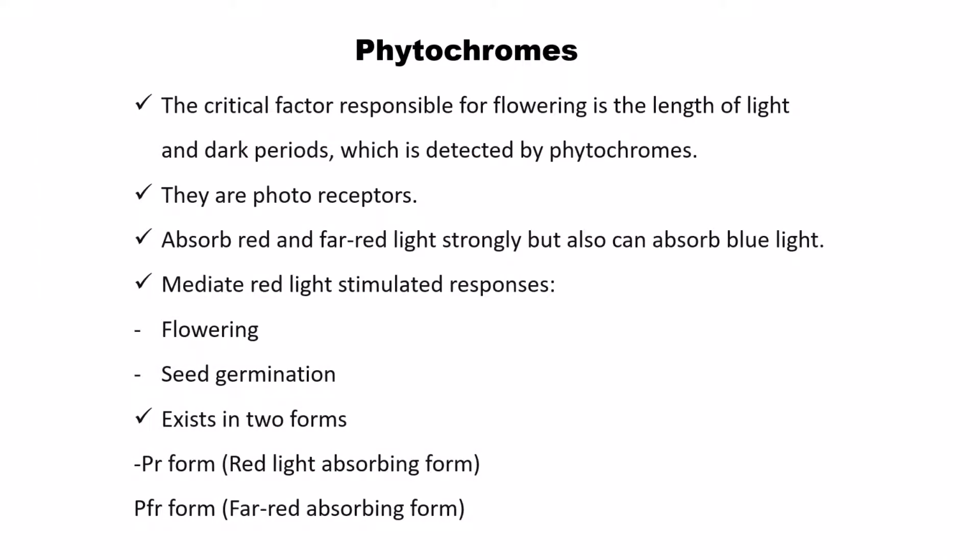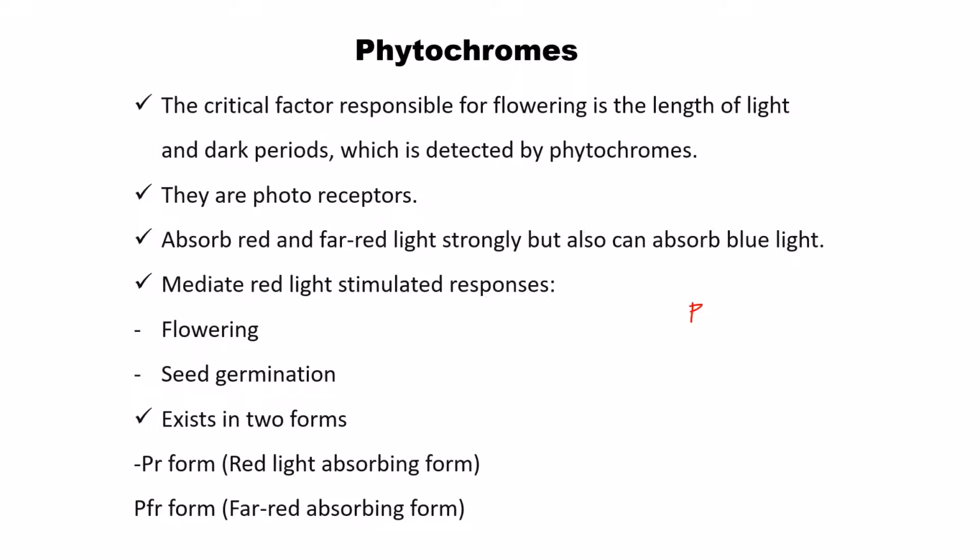So we all know that light is very essential for plants to do photosynthesis. Not only photosynthesis, but also processes like phototropism, photoperiodism and photomorphogenesis occur with the help of light.